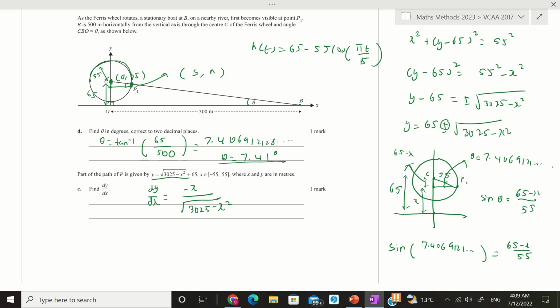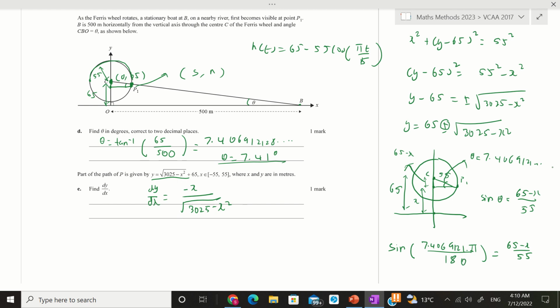Just beware that if you're working with radians, it's wrong to put in 7.4069121 radians, because this is a value in degrees. So you need to multiply that by pi and 180, converting it to radians, and then solve the equation.